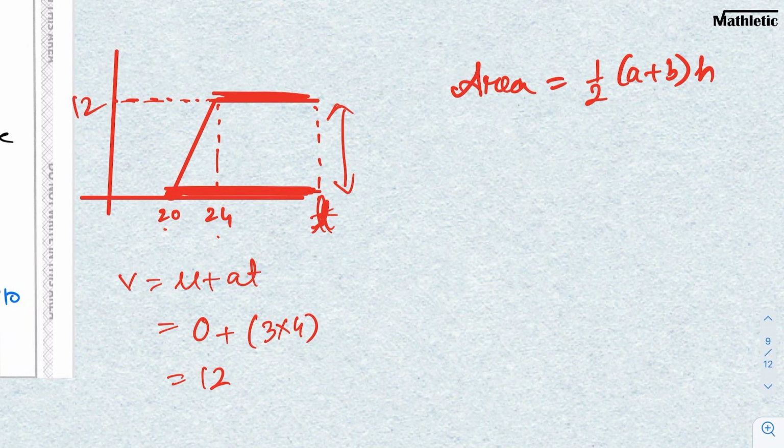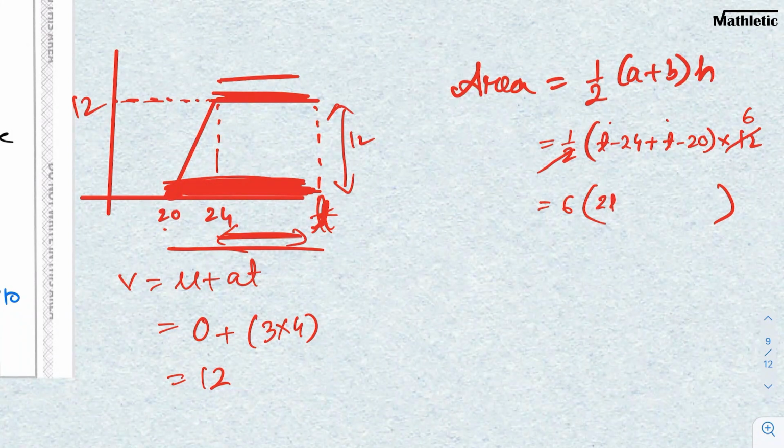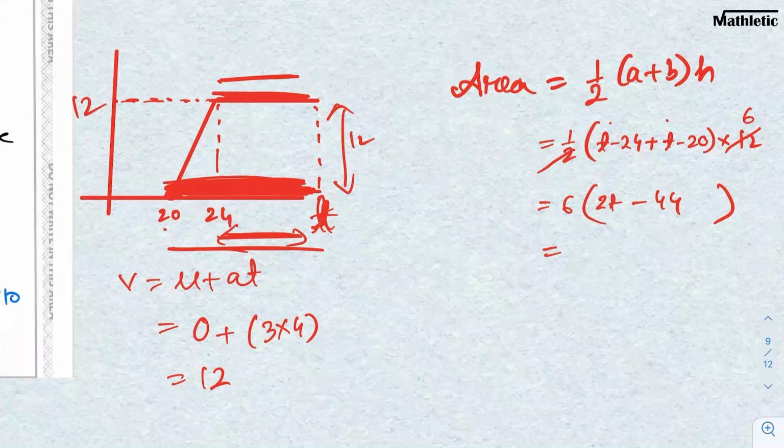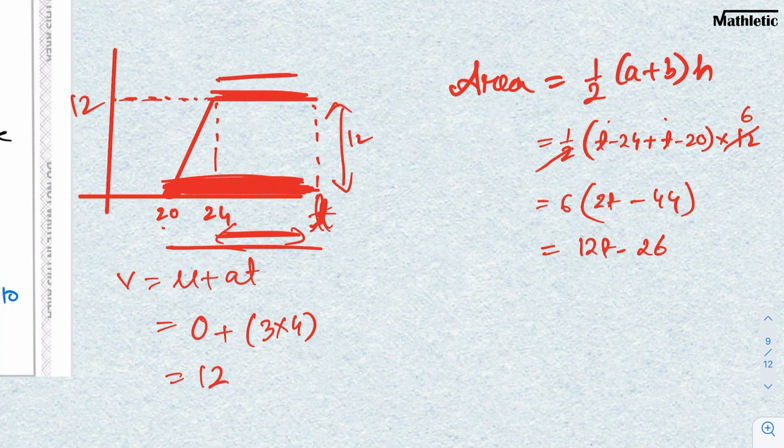Now we can use the formula for the area of the trapezium, half (A plus B). A is this portion, which is t minus 24. B is the base of this trapezium, which is t minus 20, and the height is 12. If we cancel it out, we get 6. Inside the bracket we have t plus t, 2t minus 44. Multiplying the whole thing by 6, we get 12t minus 264.